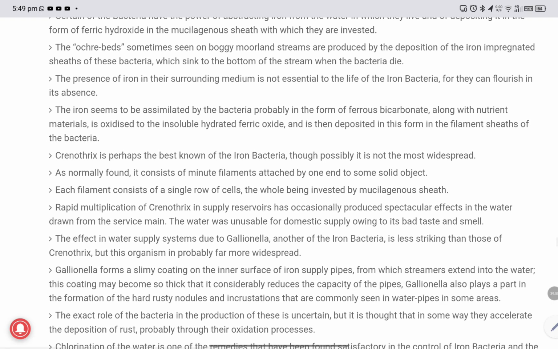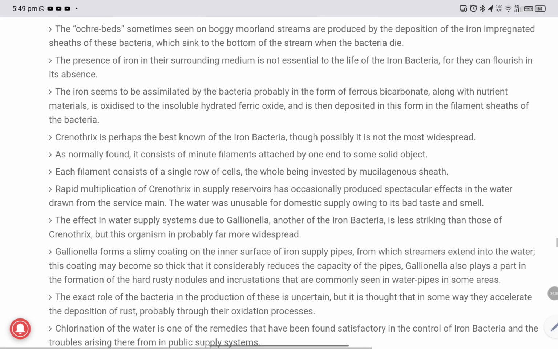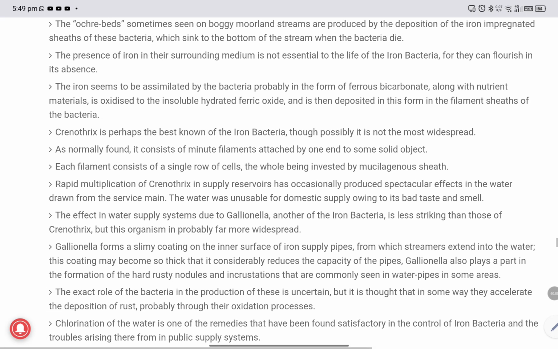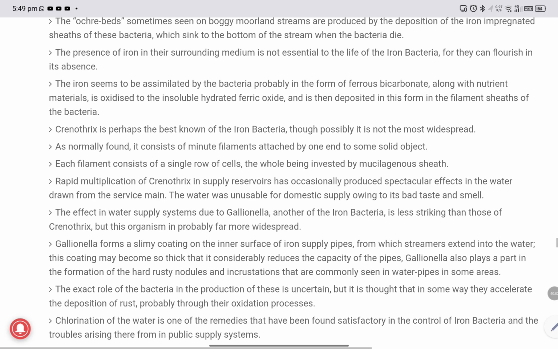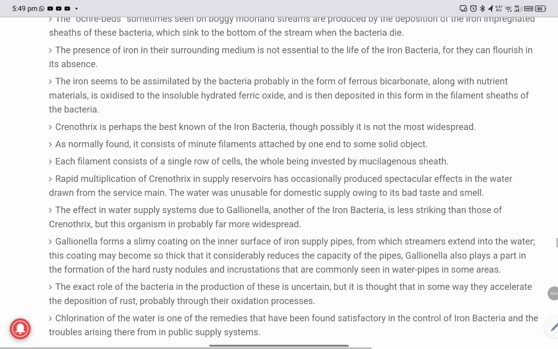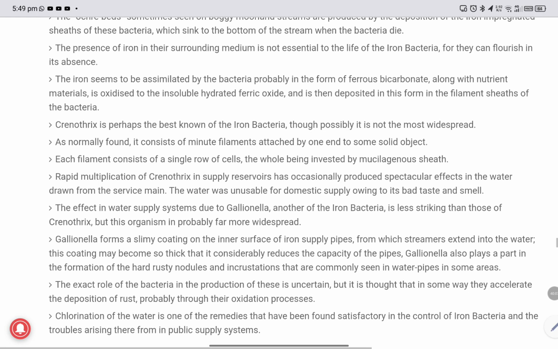when the bacteria died. The presence of iron in their surrounding medium is not essential to the life of the iron bacteria, for they can flourish in its absence.